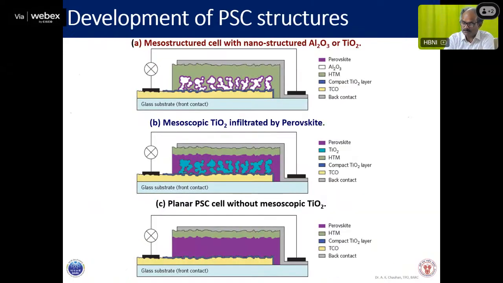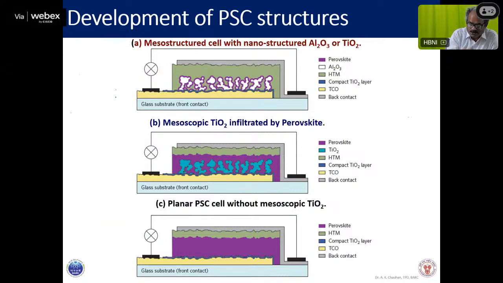In most of these we use a hole transporting material, so there is actually no liquid electrolyte. I will explain one, and the other two you can just go through.